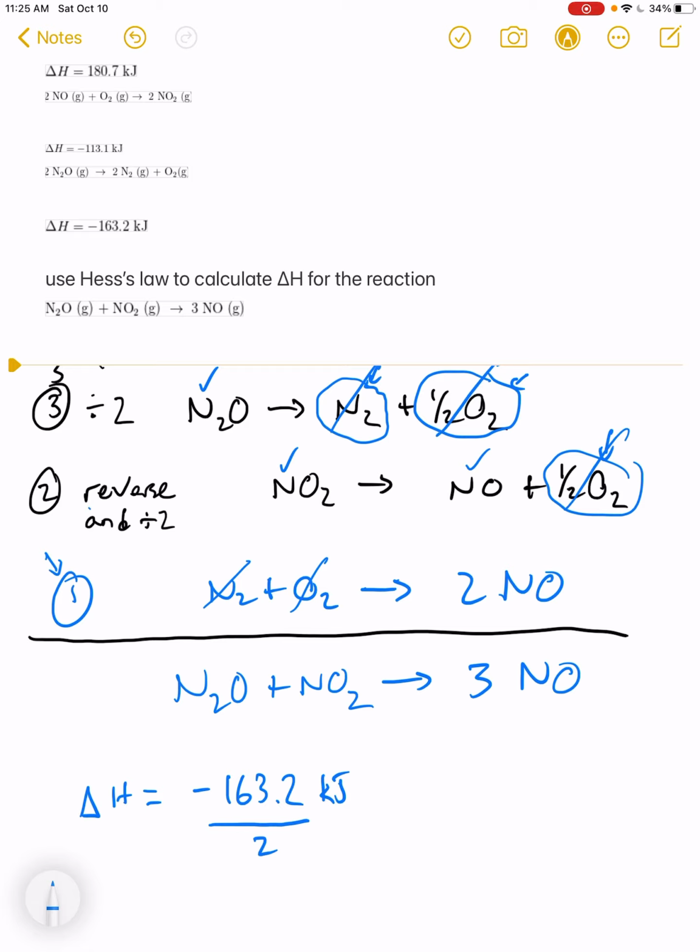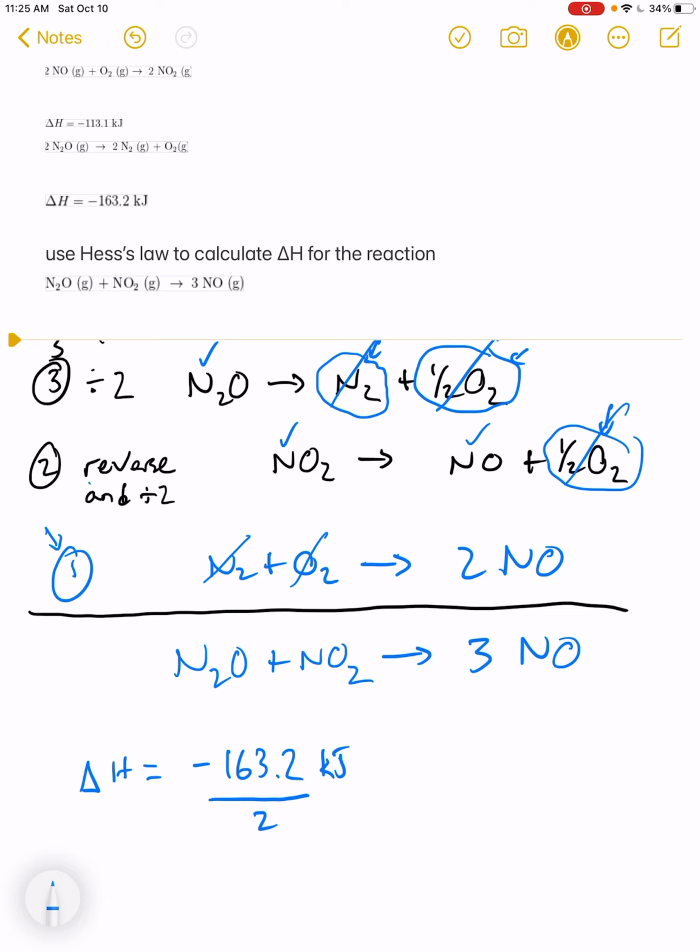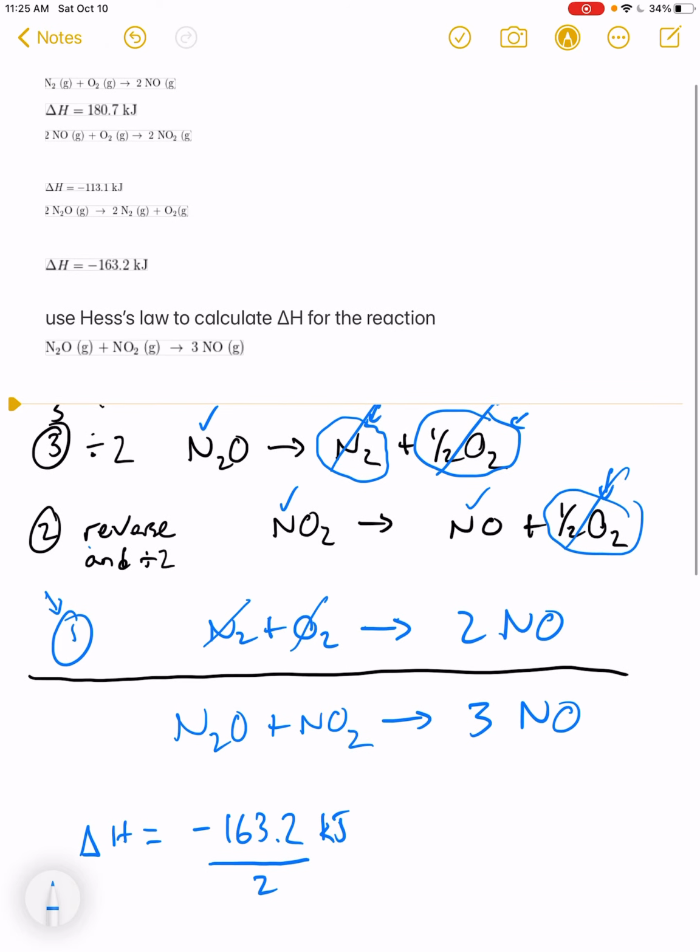Next, I have to reverse and divide number 2. So my second delta H is negative 113.1 kilojoules, but I reversed it, which will change the sign to positive, and I divided it by 2, so I have to divide that by 2.